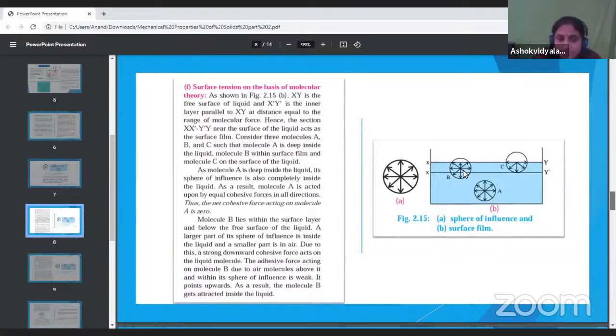Therefore, the large part of the sphere of influence is inside the liquid and the smaller part is in the air. म्हणजे बी पॉइंटचा जास्तीत जास्त पार्ट हा कुठे आहे, लिक्विड मध्ये आहे आणि थोडा पार्ट हा कुठे आहे, एअर मध्ये आहे. ओके, and due to this a strong downward cohesive force acts on the liquid molecule. त्यामुळे ह्या पॉइंट बी वरती ऍक्ट होणारा जास्तीत जास्त फोर्स कुठला आहे, लिक्विड सरफेस, दॅट इज द डाउनवर्ड फोर्स. लिक्विड मधला, एअर मध्ये पार्ट हा कमी आहे, त्यामुळे बी वरती ऍक्ट होणारा जास्तीत जास्त फोर्स लिक्विडचा आहे, and therefore acts in a downward direction. Due to this, a strong downward cohesive force acts on a liquid molecule.